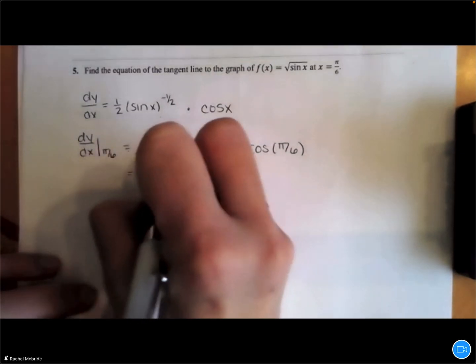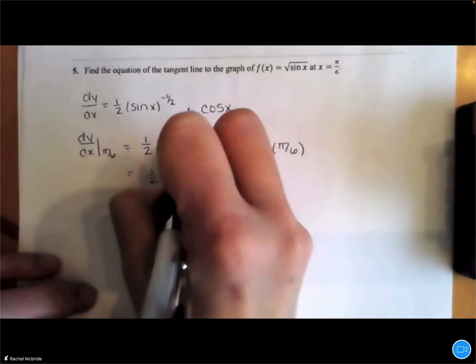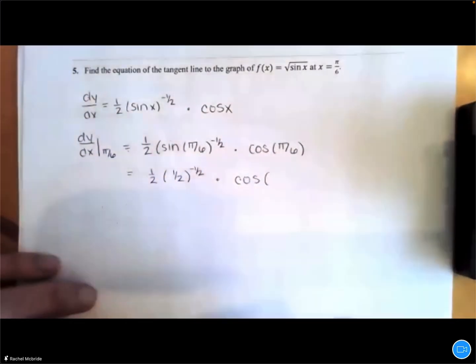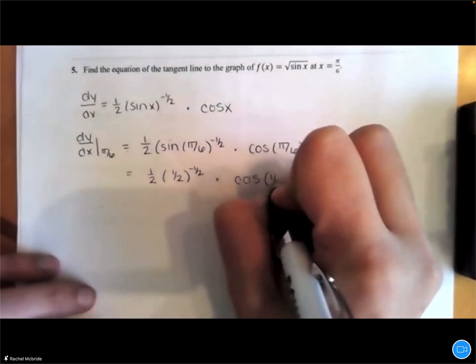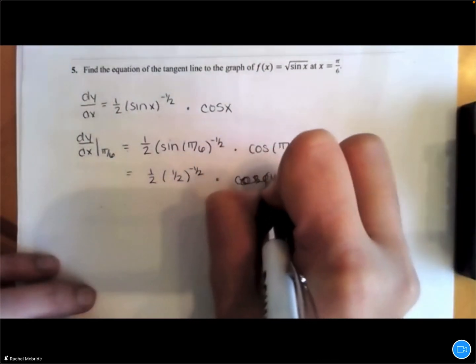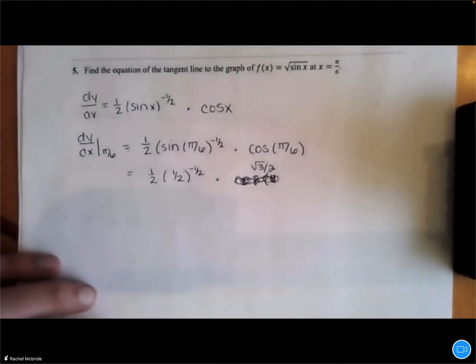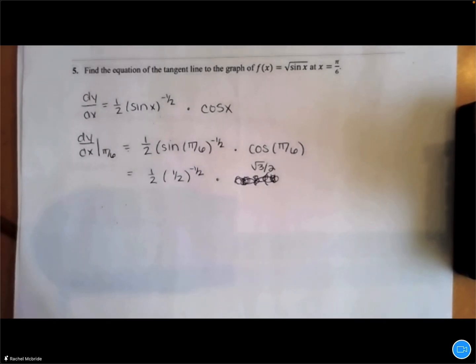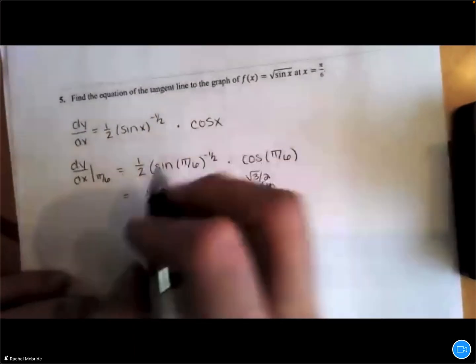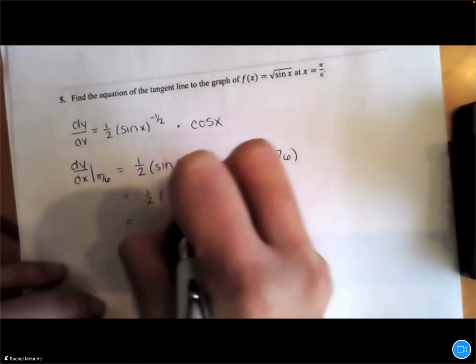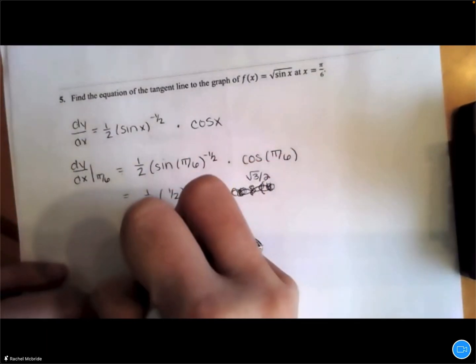So I have 1/2 to the negative 1/2 times the cosine of pi over 6, which is square root 3 over 2. So we have 1/2. That square root of the 1/2 would kind of be in my denominator.